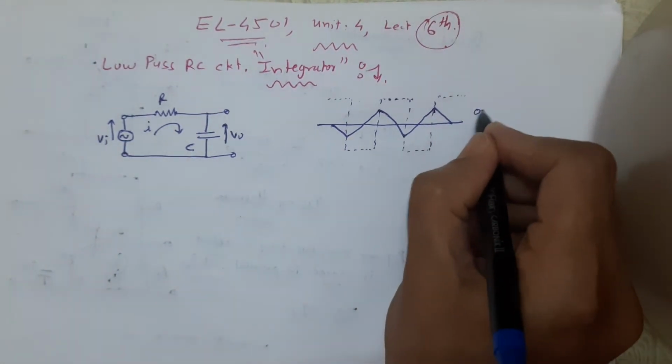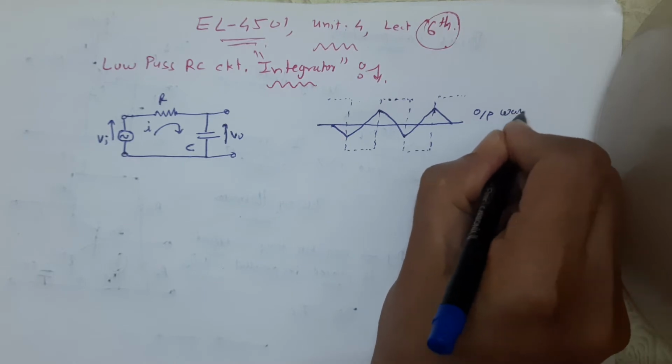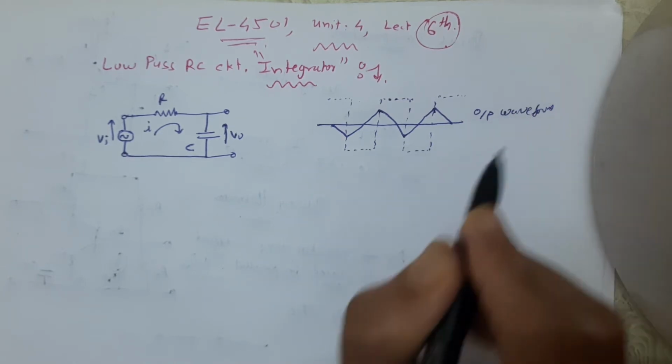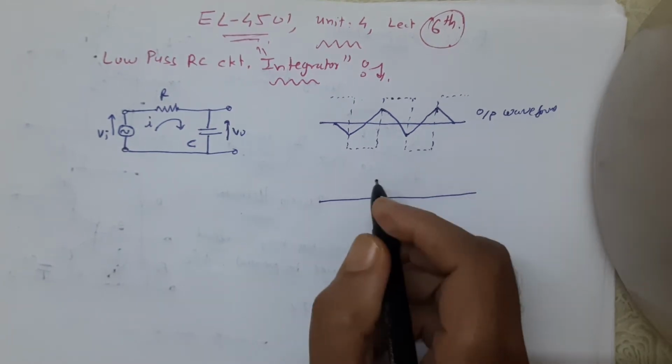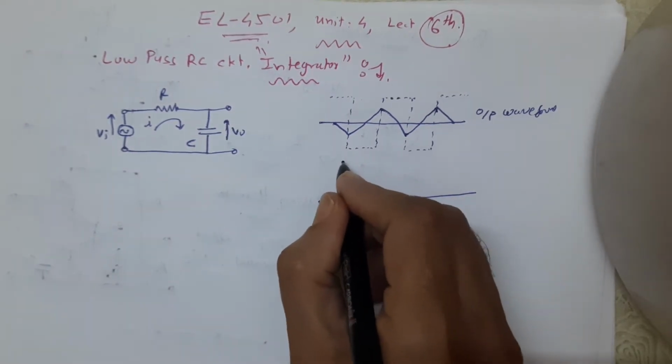So this is your output waveform. What is your input? Input is nothing but this input square wave. We are applying square wave to the input.